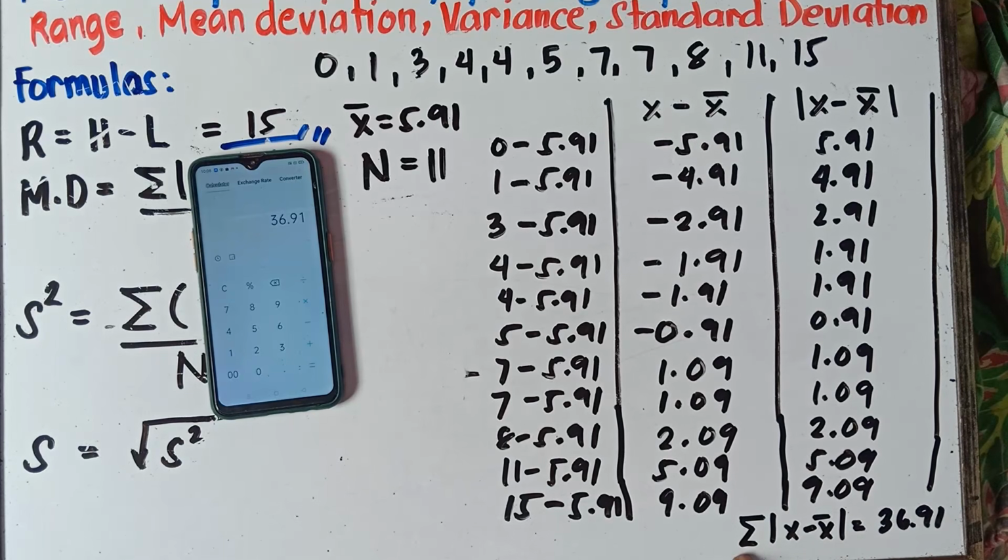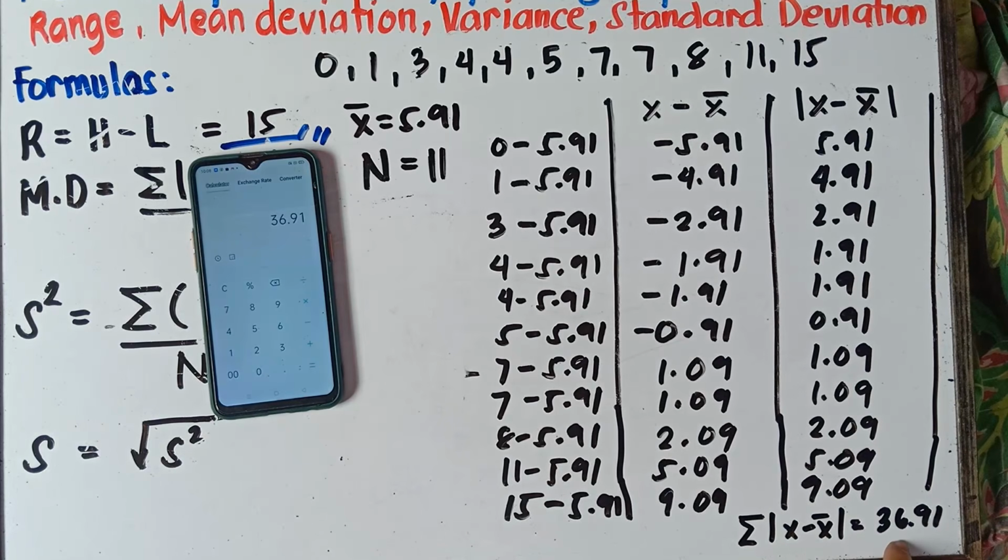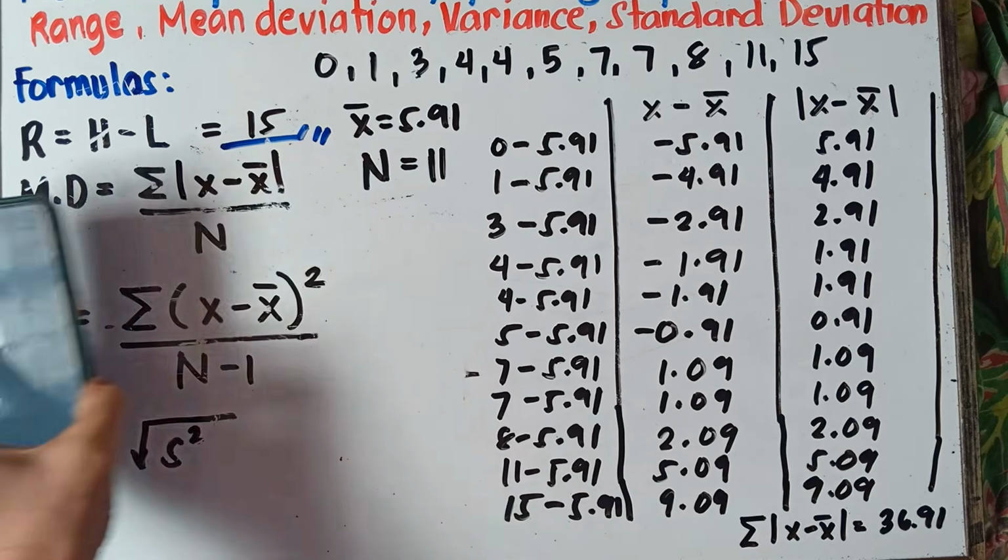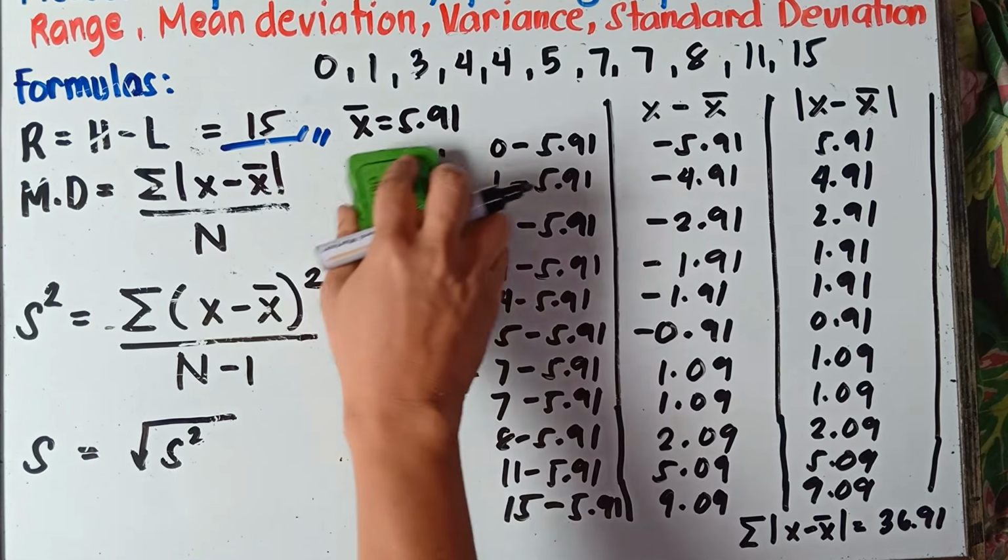So therefore, class, the summation of the absolute value of x minus the mean is 36.91.